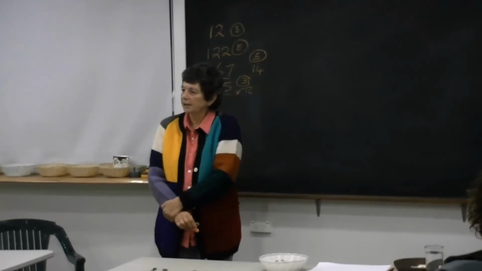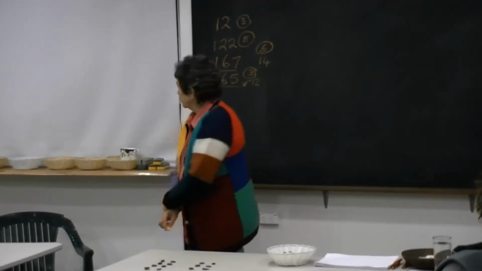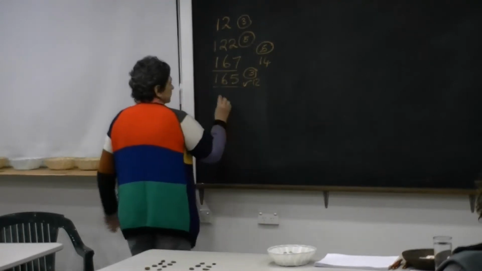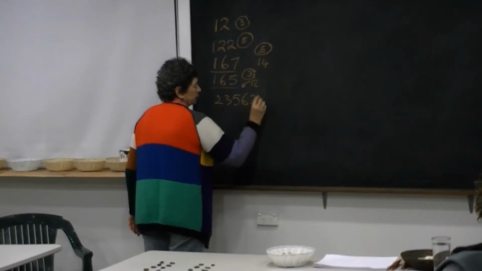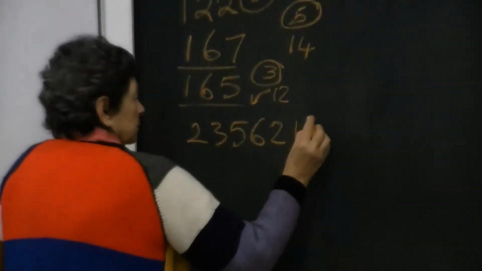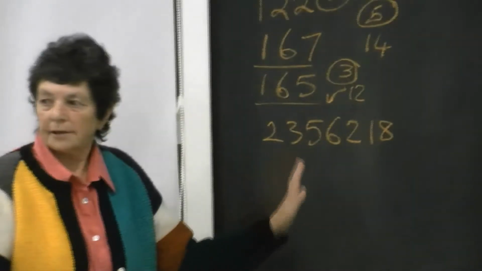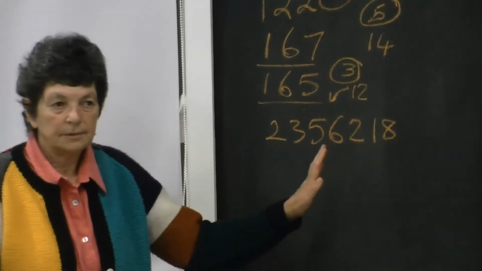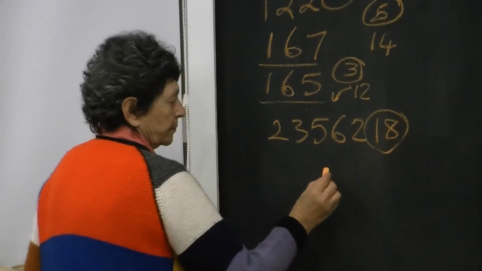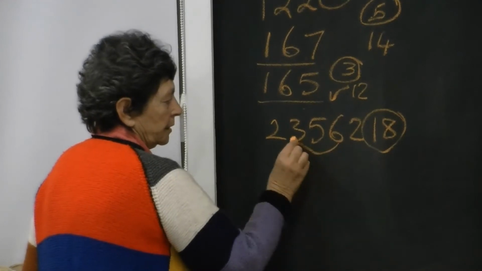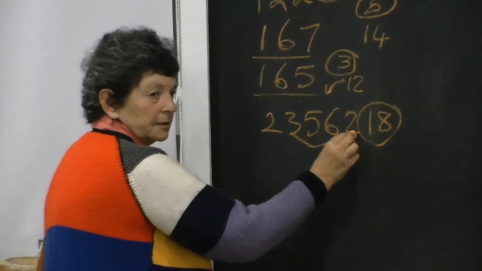Did I touch on throwing out the 9s? For example, 2, 3, 5, 6, 2, 1, 8. Now, instead of adding all those digits up, I can say those 2 make 9, and 5 and 2 and 2 makes 9.